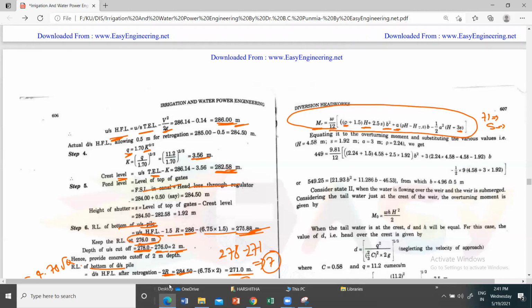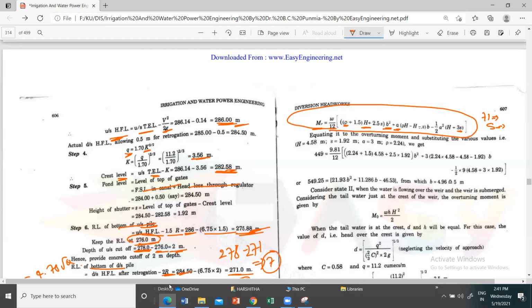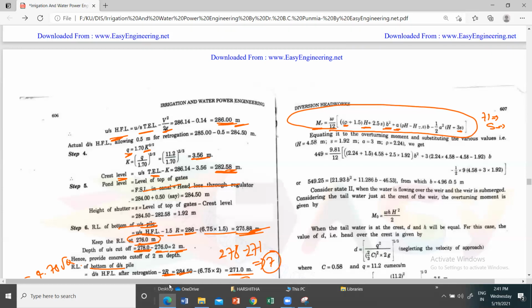In this equation we don't know the B value; we know the S value and all the other values. If it is in equilibrium, the overturning moment will be equal to the resisting moment.